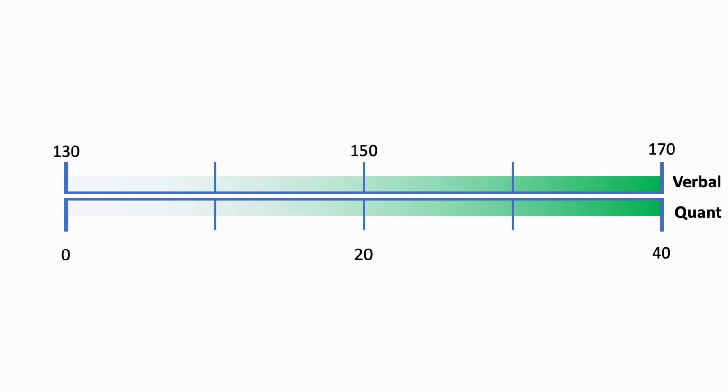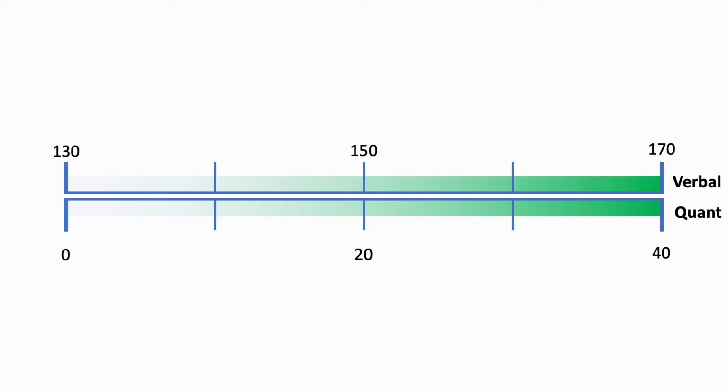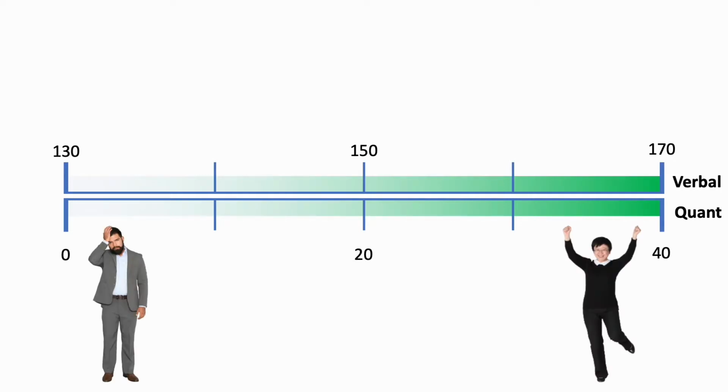But as the right answers increase, the score will increase. If all 40 questions are answered correctly, then the total score in that section would be 170. So if we add up these two sections, it will become 340. If you are at the lower bottom, it's not a good score, but if you are lucky enough to hit all questions correctly, you get a higher score.